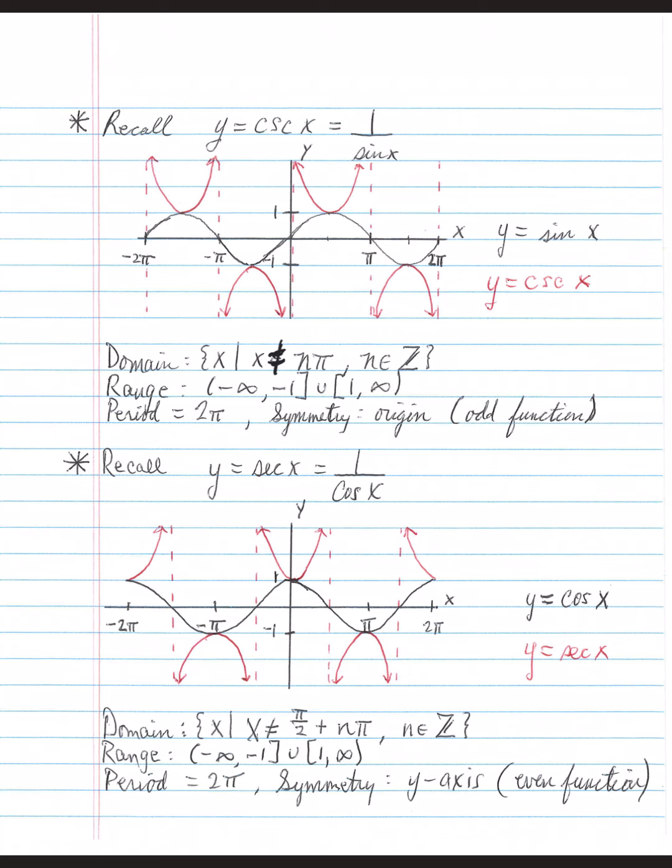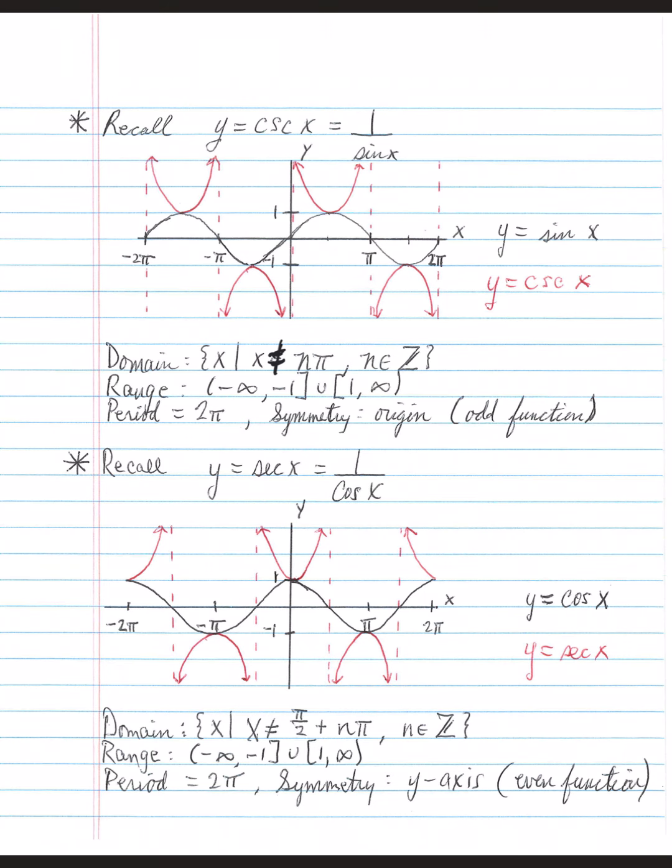Similarly to cosecant, secant has a range of negative infinity to negative 1. Then the graph quits, and it doesn't start again until positive 1. And after it hits 1, then it goes up forever. So these arcs have a range of negative infinity to negative 1. The upper arcs are a range of 1 to infinity.